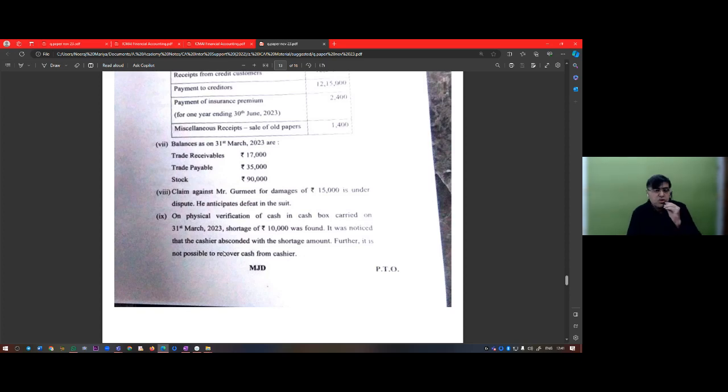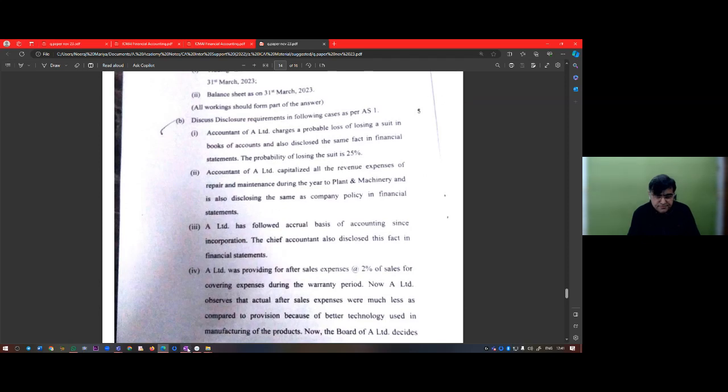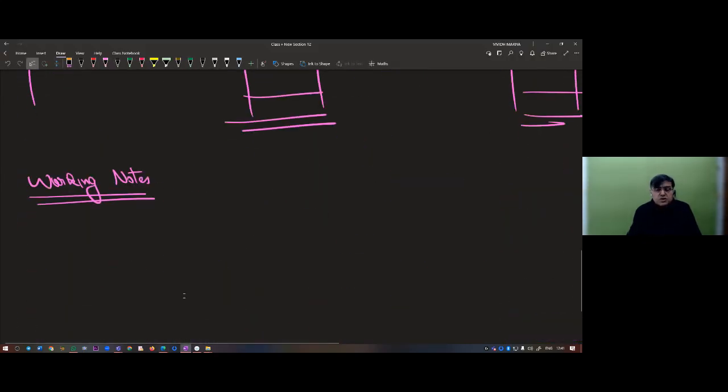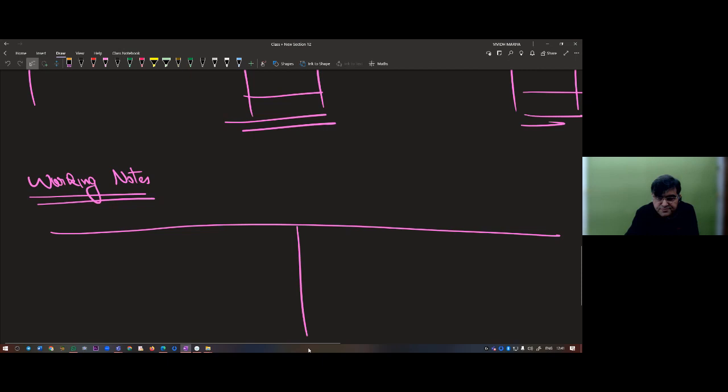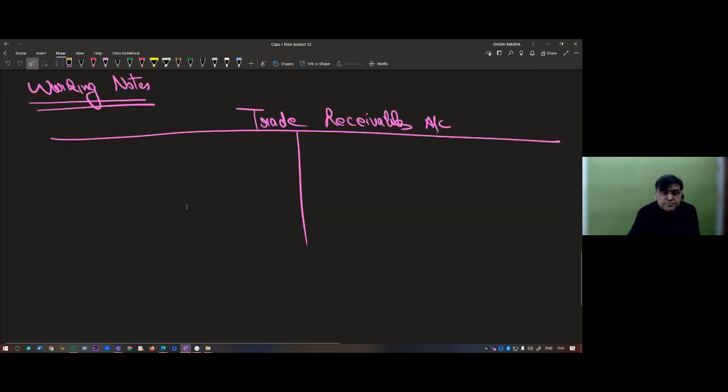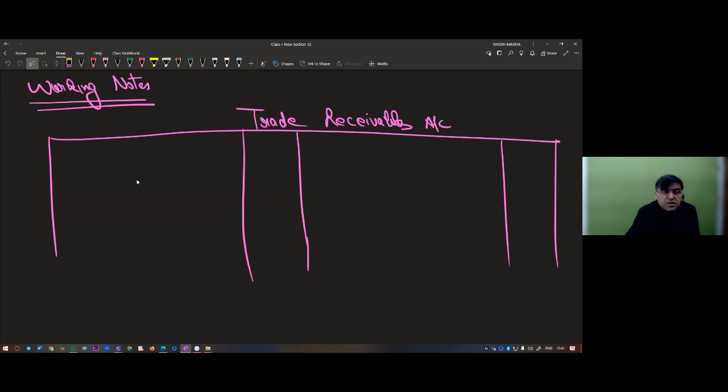Let's make all the accounts. We will at least trace something, guys. I start with the trade receivables account, to balance brought down, by balance carried down.